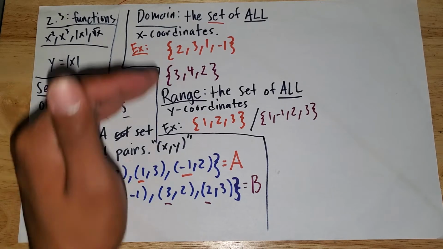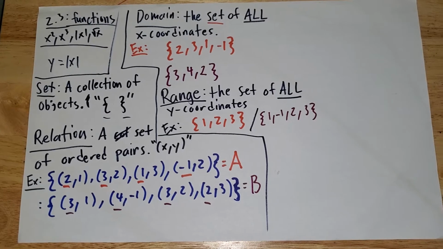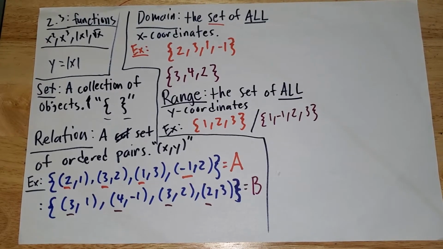And then we have a couple more terms. The reason why we need to know all these terms is because when we start defining what a function is, we need to understand domain, range, relation, set, x coordinates, y coordinates, because we're going to be comparing them together. So let's do that now.